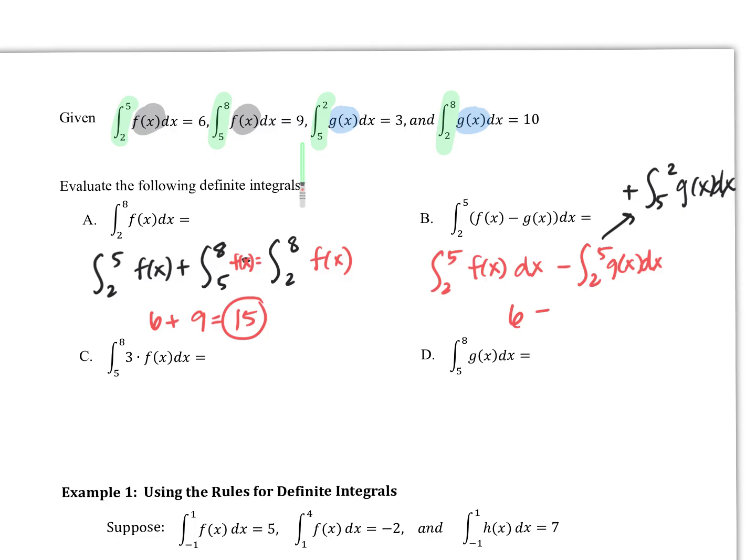I don't like how I just wrote that. If we just said minus, so it's just 6 minus 3. No, it's going to be 6 plus 3, right?